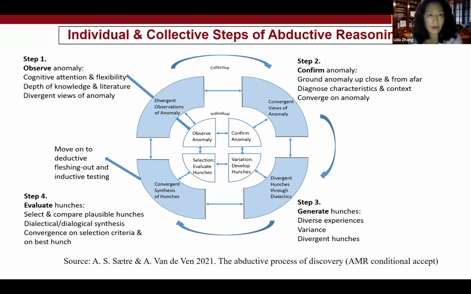So is that correct? Before we try to generate a new theory, we really want to make sure it's not that the theory exists, but we haven't used this theory to explain this phenomenon. But it's really, we haven't got the right theory.